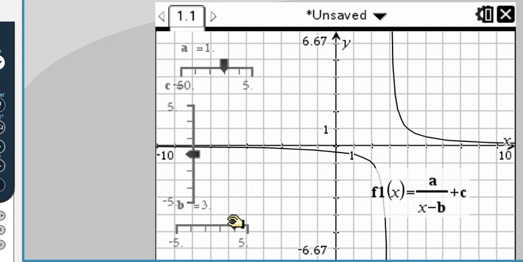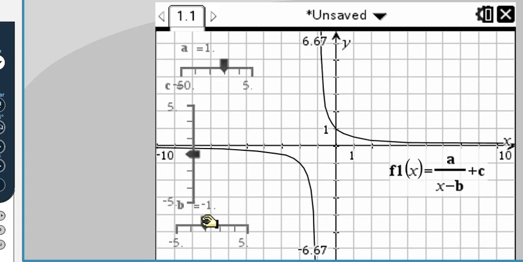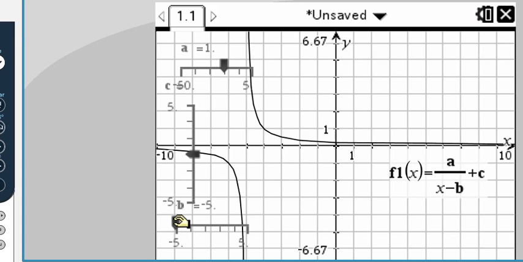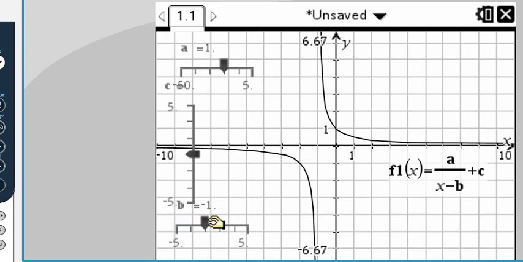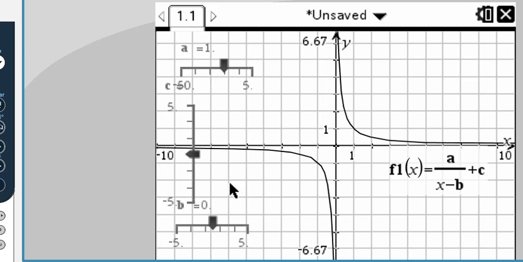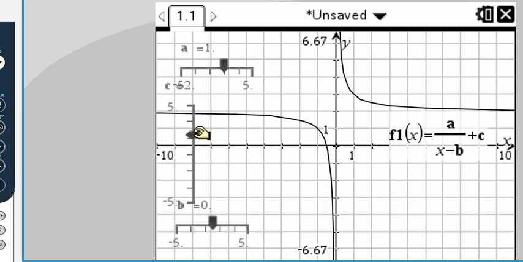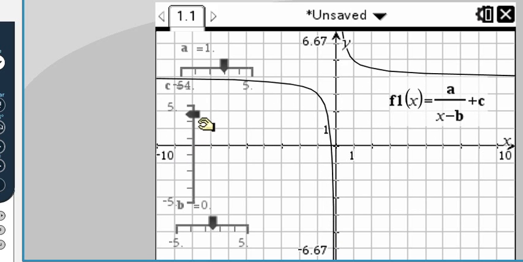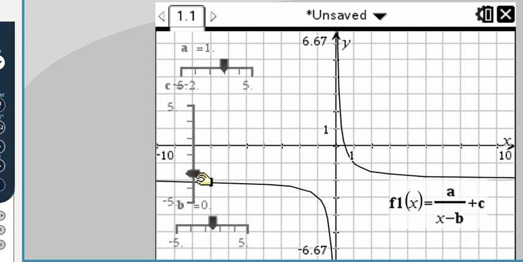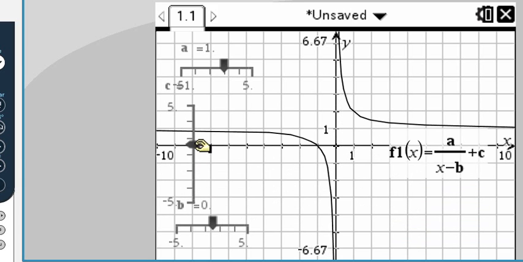And likewise, if we go to the negative side of the slider, so we're subtracting a negative, which means, of course, we're adding 5 to x, and so the graph will shift to the left 5 units. And likewise with the variable on the outside, if we're adding a positive number, it goes up, and adding a negative number, it will go down.